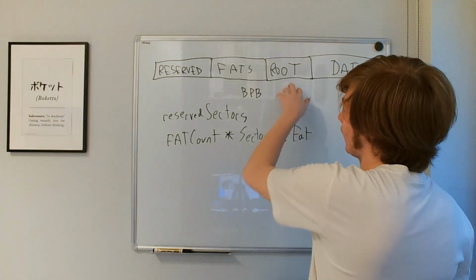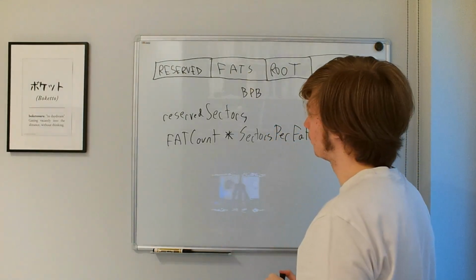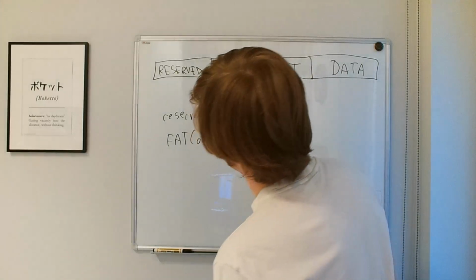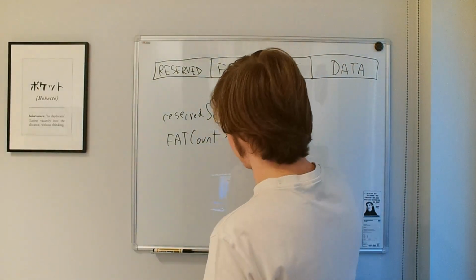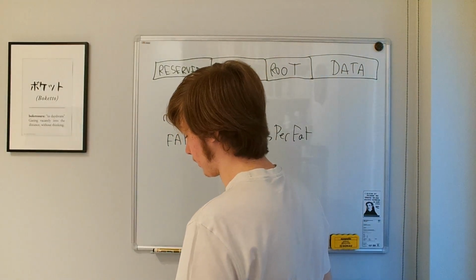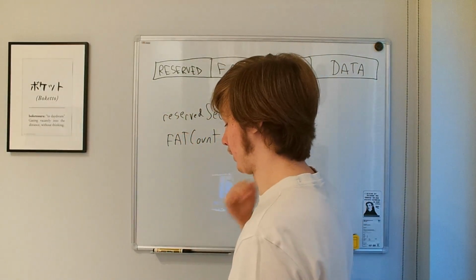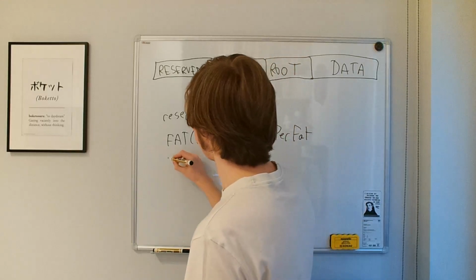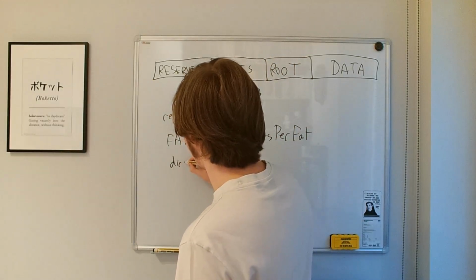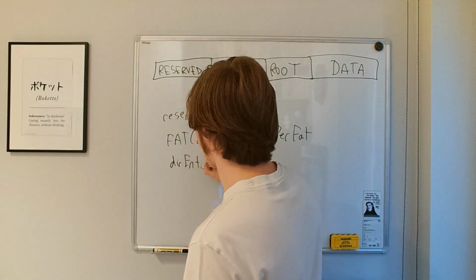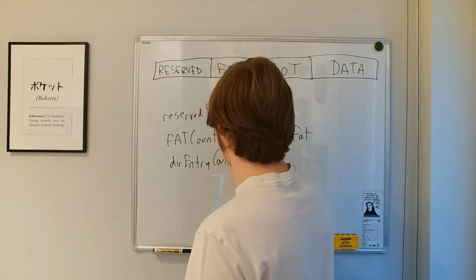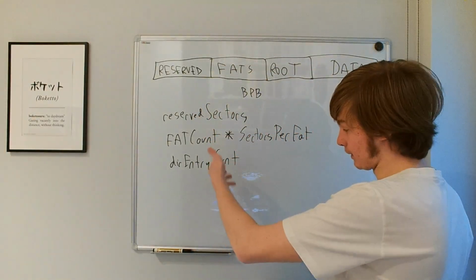So then we have the root directory entries. Again, in the BIOS parameter block, you can obtain the root directory entry count. There's going to be some field like this.